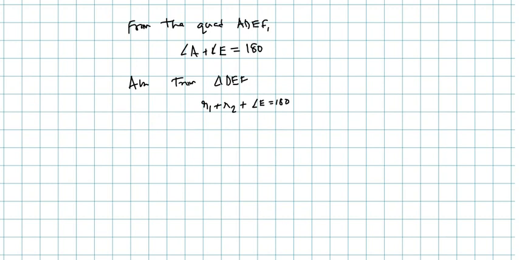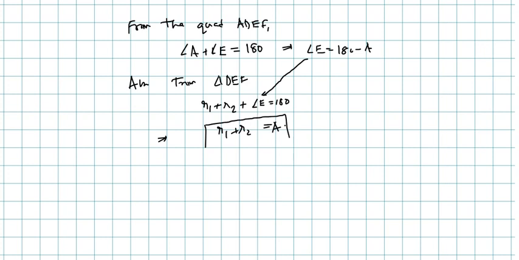From this equation can we write angle E equals 180 minus A? So, if we substitute this value here, what do we get? We get r1 plus r2 is equal to A.